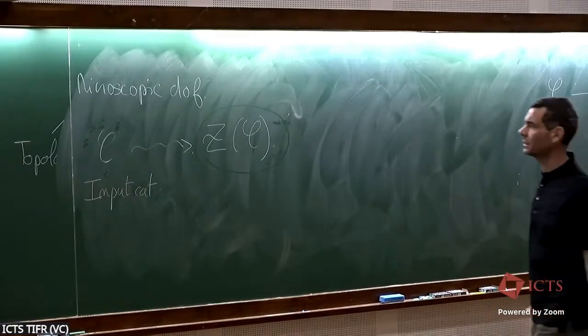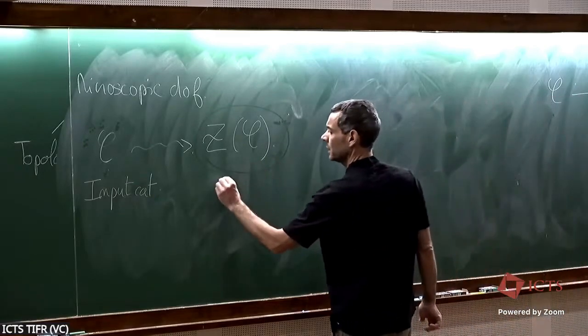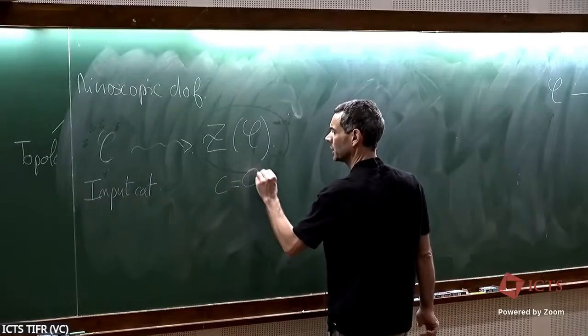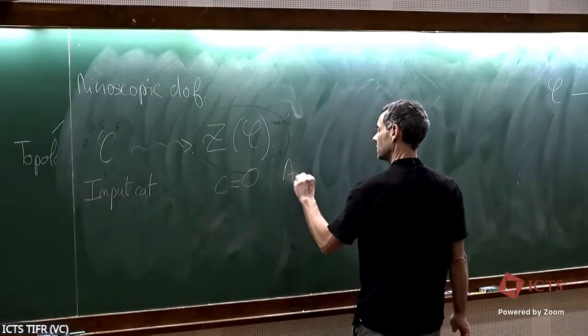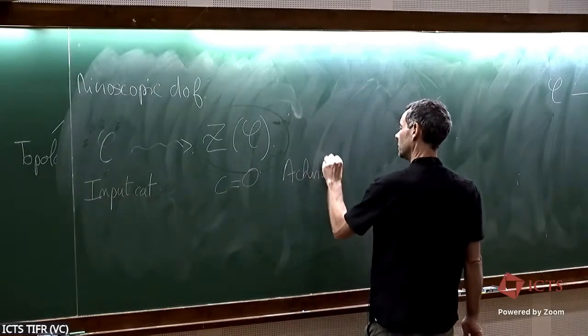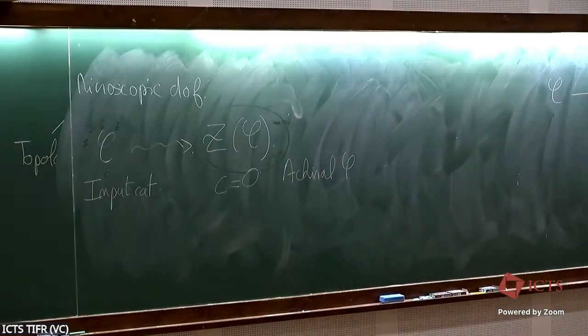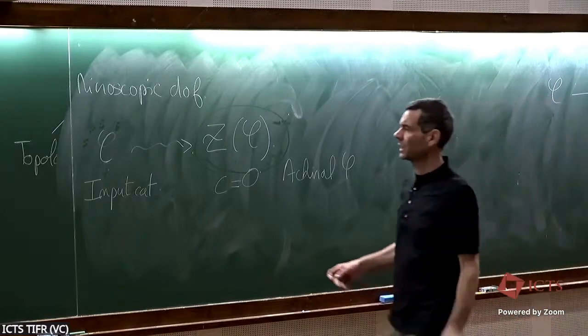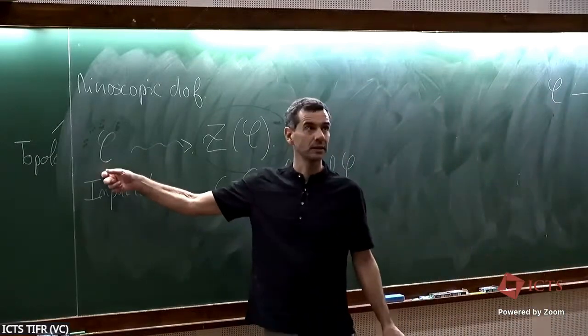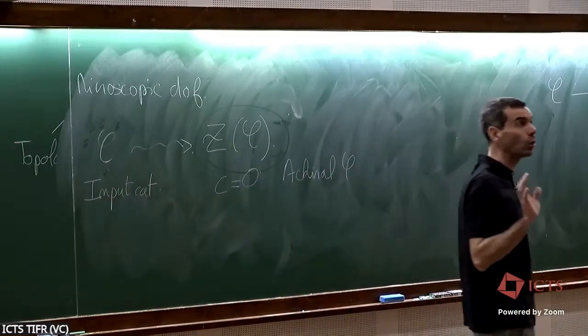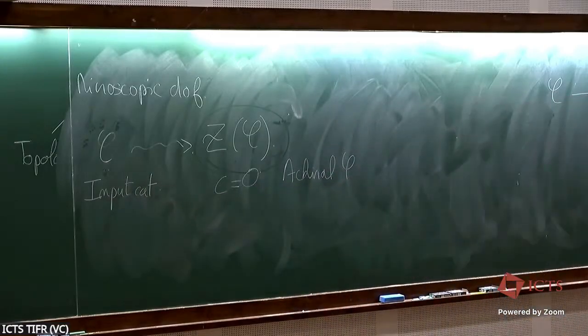And again, since it's a Drinfeld center, it has a vanishing central charge, and it's an achiral phase. So all string nets can only describe achiral phases. And the nice thing is that because now we can do it for any input category, we can build all possible achiral phases out of this Drinfeld center construction.